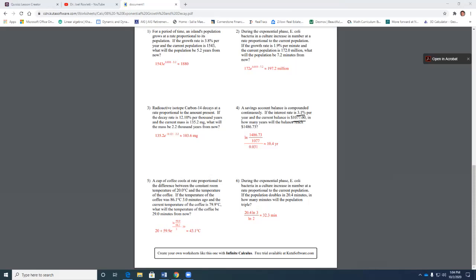So you would say the amount, you could use A or you could use P, it doesn't really matter. I'll use A since we're talking about an amount here instead of a population. I'm going to claim that the amount is always equal to the amount you start with. And since it's compounded continuously, I have to use e to the ct or kt, depending on which book you have. I'll use ct. And I know that I start with 1,077. That's the current balance.